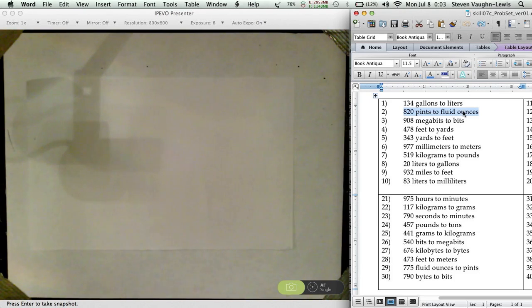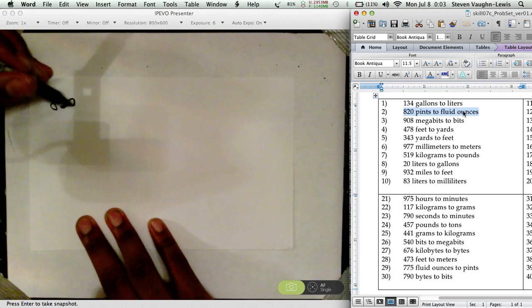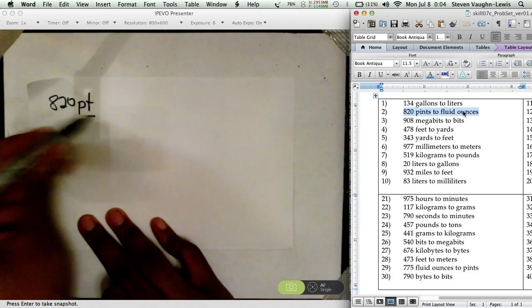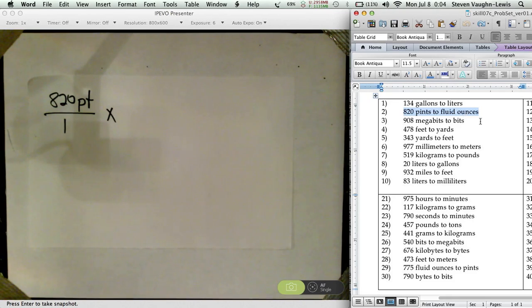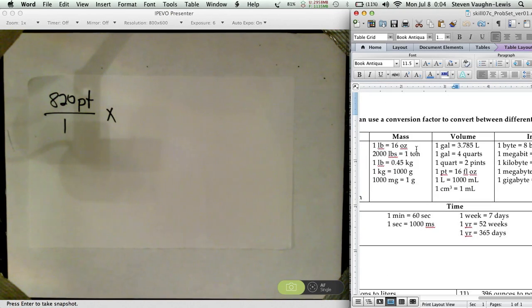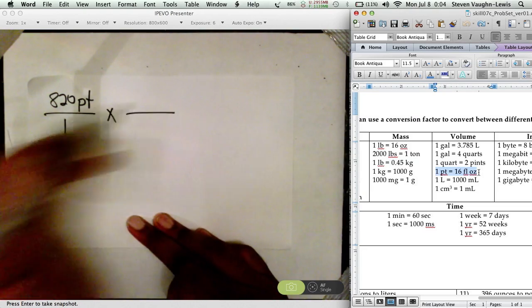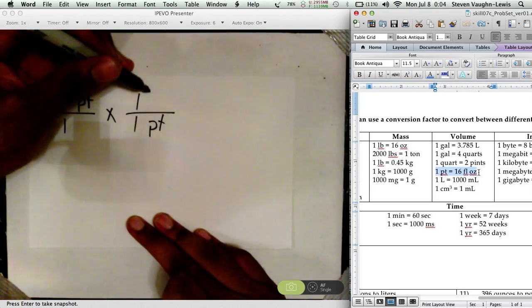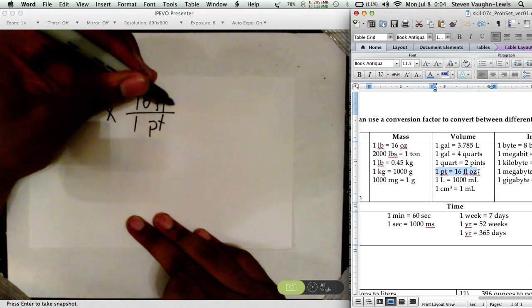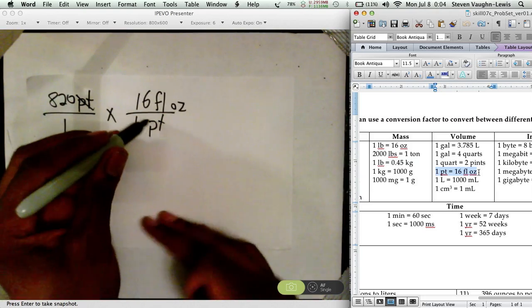So 820 pints over 1 times, let's find a conversion factor, pints to fluid ounces. Let's see, 1 pint equals 16 fluid ounces. So I'm going to put pints on the bottom. 1 pint equals 16 fluid ounces. My pints is going to cancel.